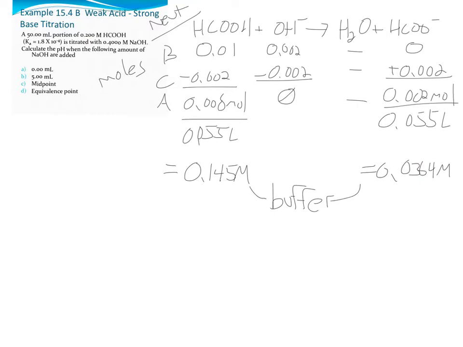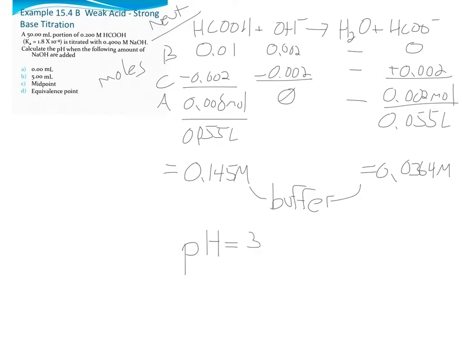So how do we calculate the pH of our buffer? Well, what we would like to do is going to do our Henderson-Hasselbalch equation. That's probably the easiest. We could do the Ka of the formic acid and just start out with some of our base to start with, and then the hydrogen is the only unknown. But Henderson-Hasselbalch is just as easy when you recognize you have a conjugate pair.